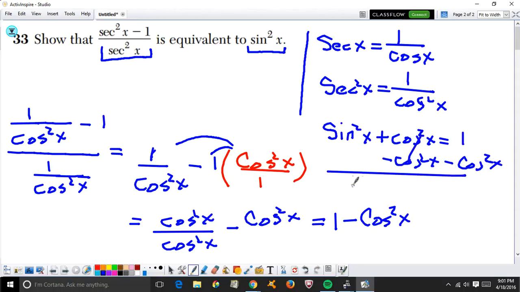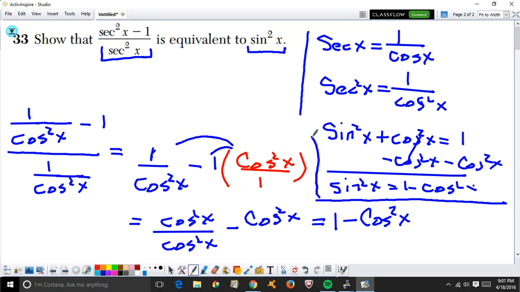Now we have sine square of x is equal to 1 minus cosine square of x, which is exactly what we have in our problem. So we have that 1 minus cosine square of x is equal to sine square of x.